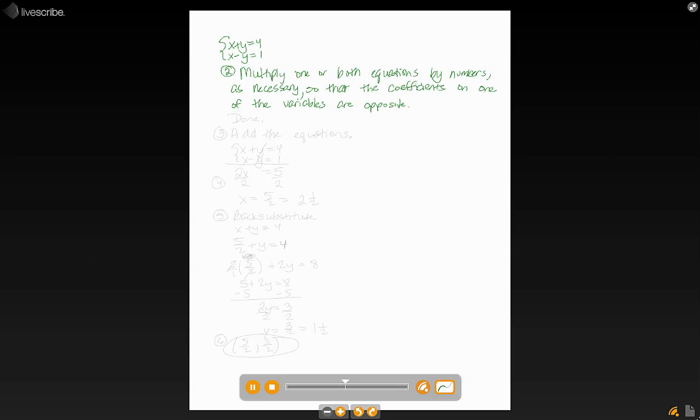Multiply one or both equations by numbers as necessary so that the coefficients on one of the variables are opposites.